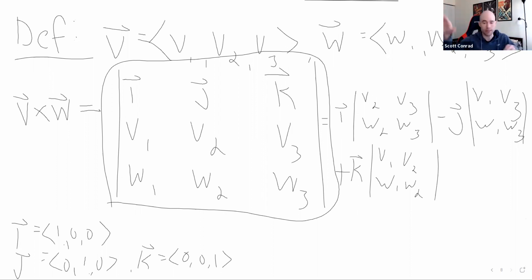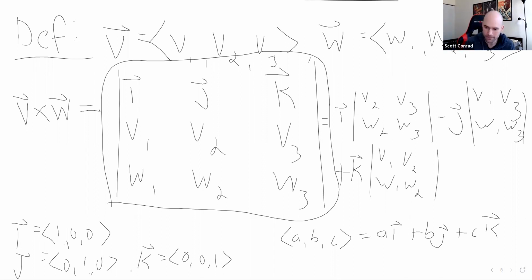But let me mention one thing. Remember, there are two different ways we can write a vector algebraically. We can write it as the vector A, B, C in components like this, or we can write it as A times I plus B times J plus C times K. Whatever you multiply by I is going to be the first component of your vector. Whatever you multiply by J is going to be the second. Whatever you multiply by K is going to be the third component.